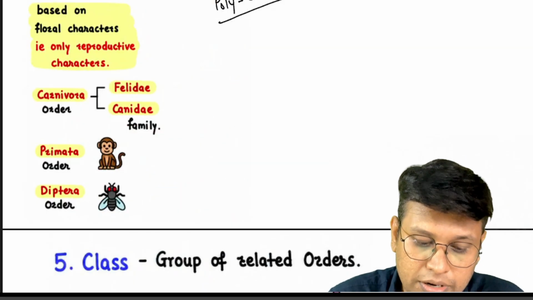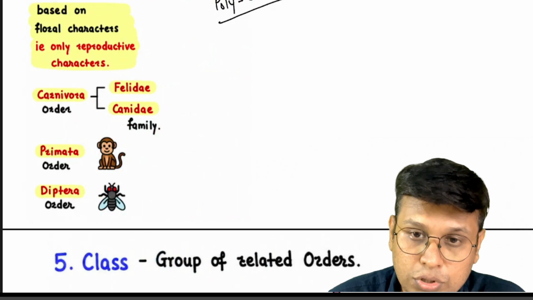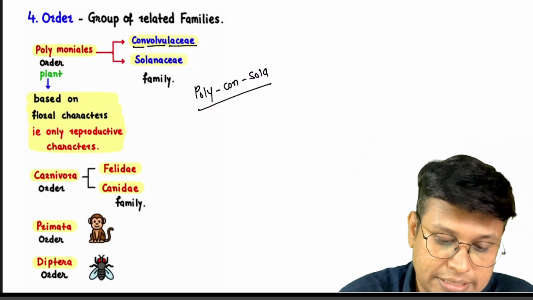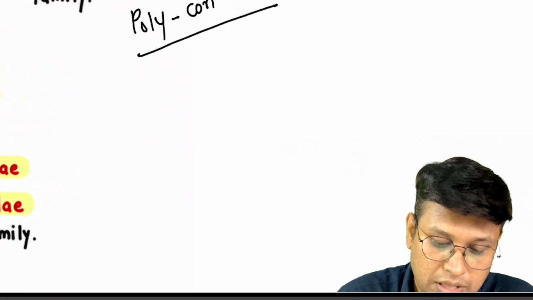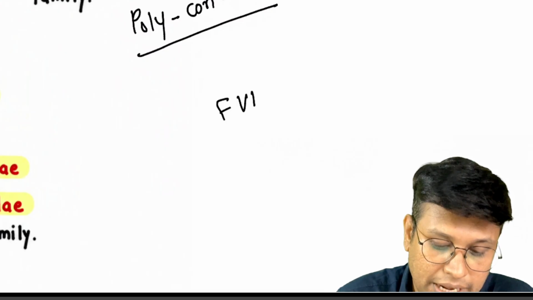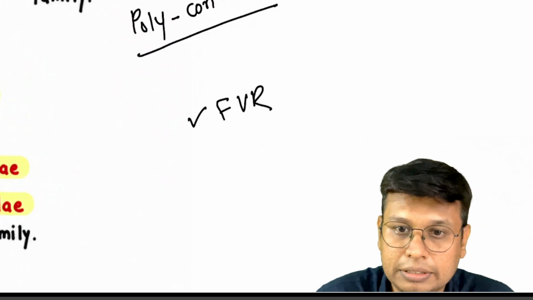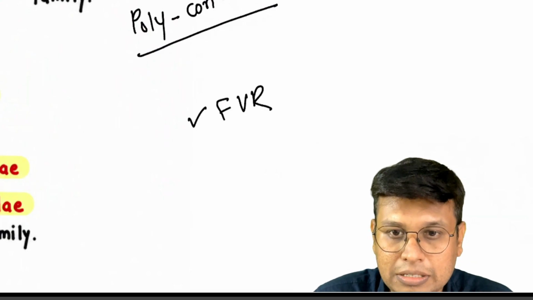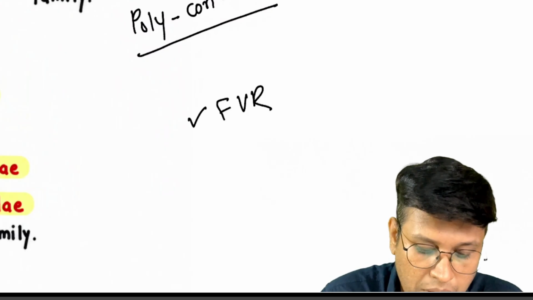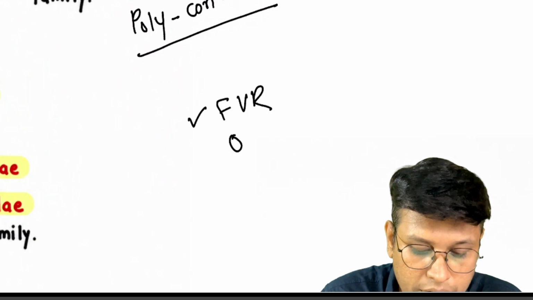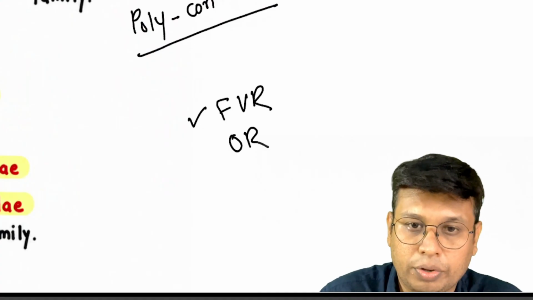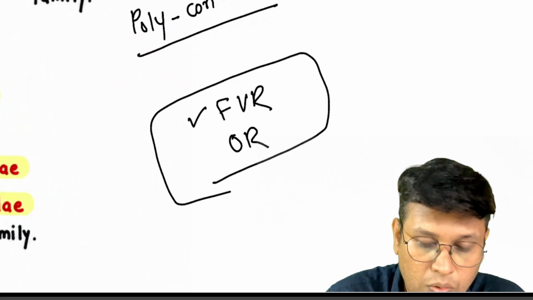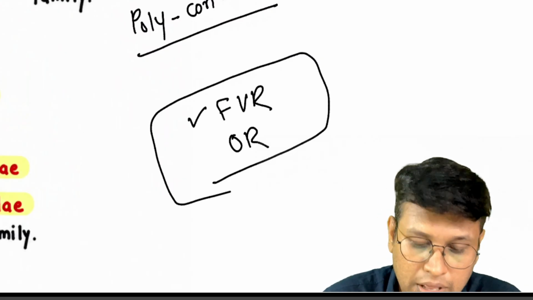You remember the orders, and one of the most important things while considering an order is the family. We made a small mnemonic: FVR, family considers vegetative plus reproductive, but order contains only reproductive. So here we have made FVROR.